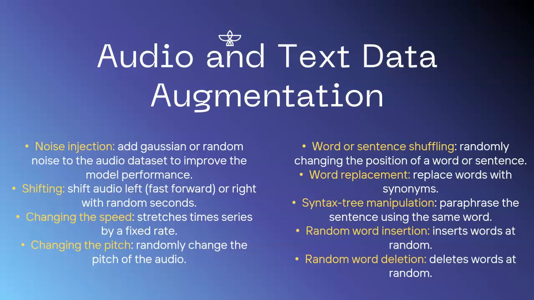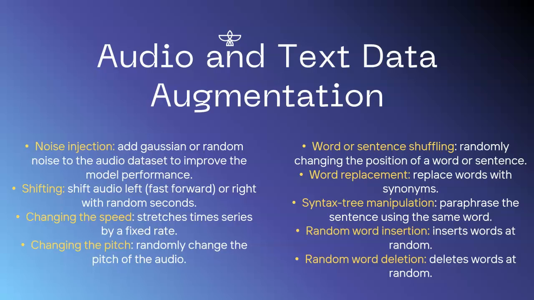These will help to increase the model efficiency, and these will help to avoid overfitting of your model. These are different types of audio data augmentation techniques, like noise injection, shifting, changing the speed, changing the pitch, or you can increase and decrease the length of the signal, and you can increase the frequency of your signal.